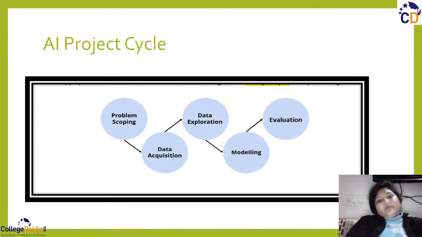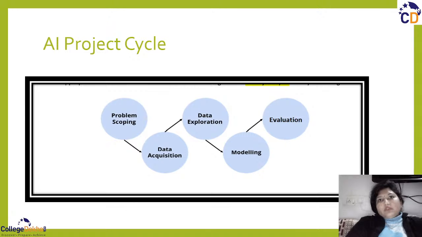Next we have data exploration. Basically, the data exploration phase talks about the understanding of data, right? The analysis of data, and the most important, cleaning of data, right? Cleaning of data means, if you have collected some images, and some are blurred images, or repetitive images, or some are small, some are large, you need to make them uniform, right?